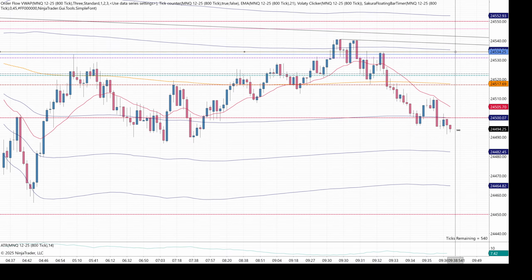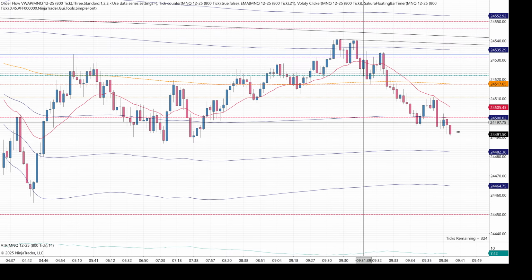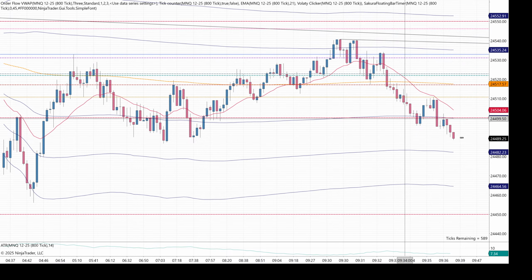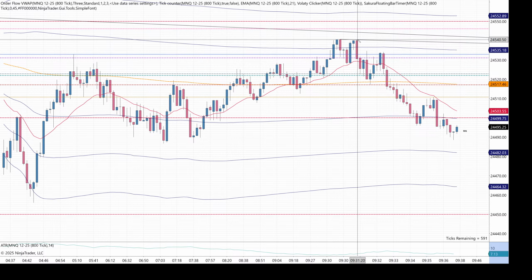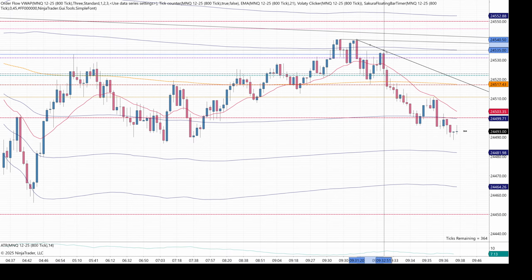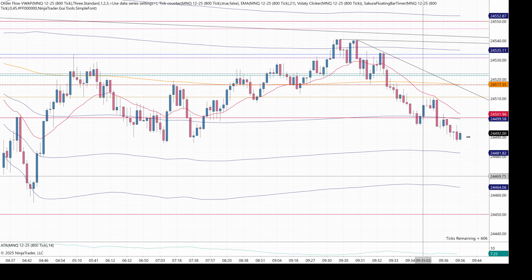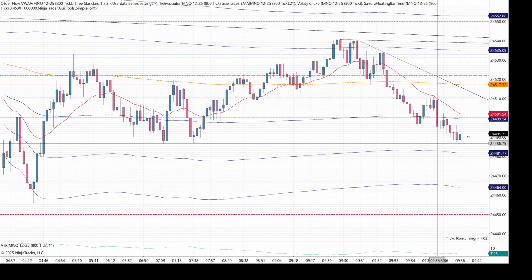Golden ruler moves down. Now we have this look as well. Golden ruler moves down again.